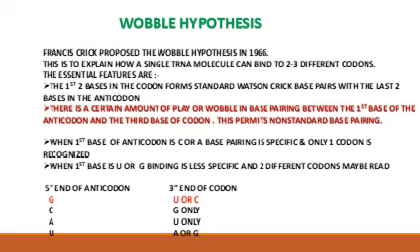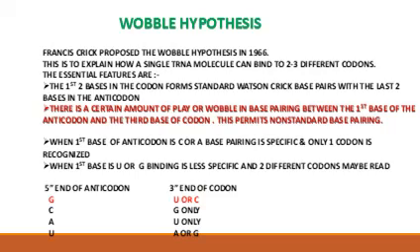The explanation of this wobble was proposed by Francis Crick, and therefore it is known as the wobble hypothesis of Francis Crick in 1966. This is to explain how a single tRNA molecule can bind to 2 to 3 different codons.